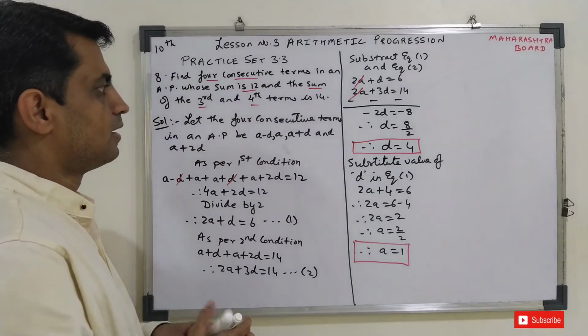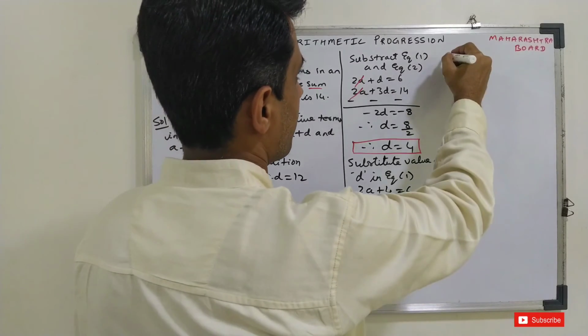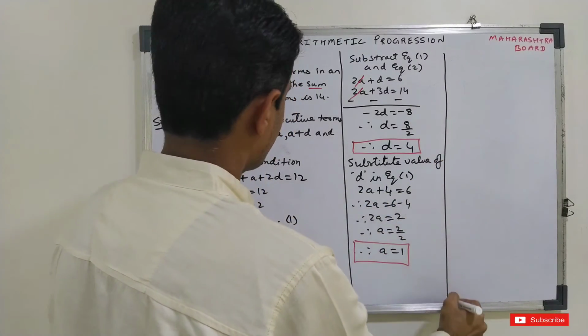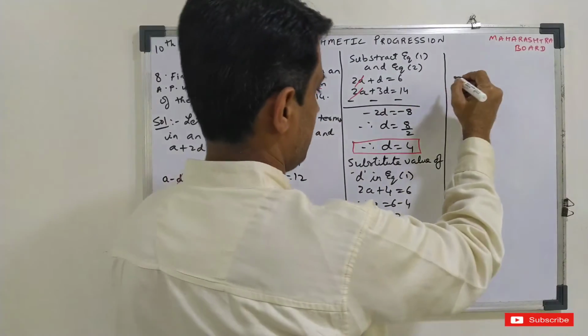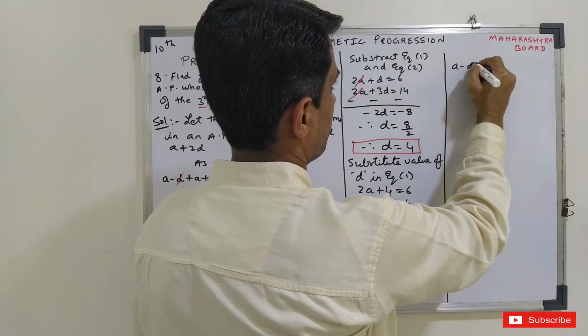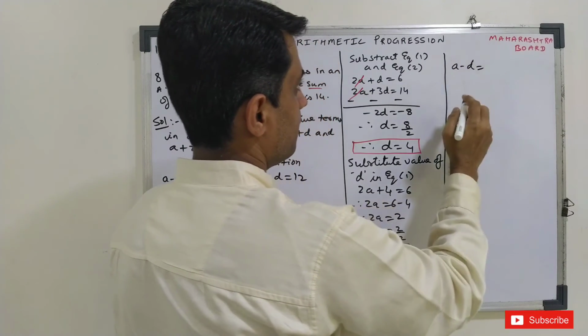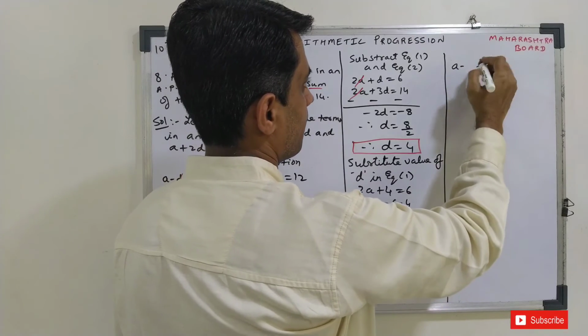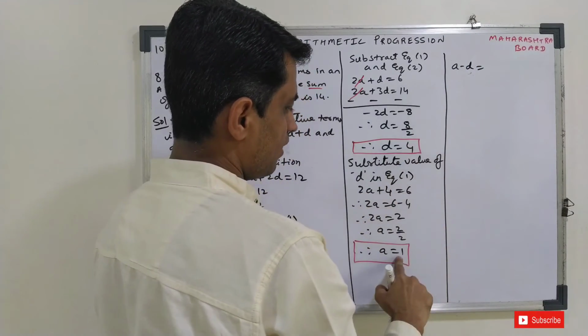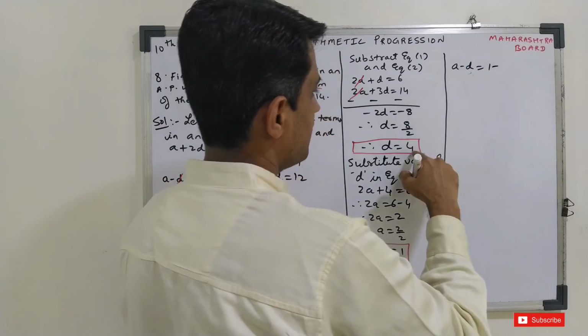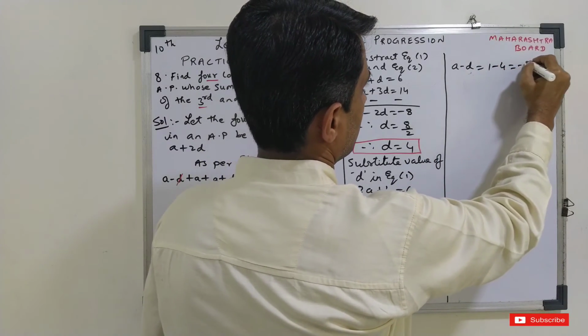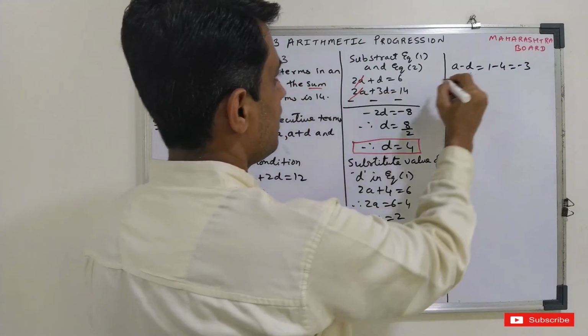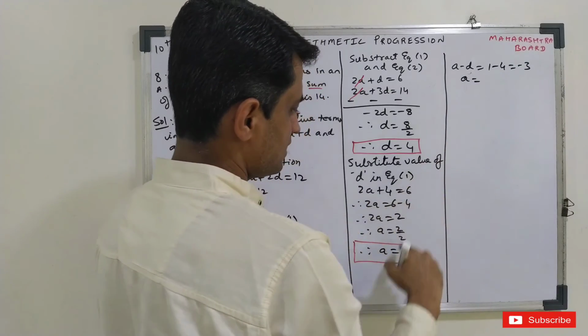After this, let us substitute here. First is A minus D. Means instead of A, what you write? 1 minus D means 4 minus 3. A we know what is our A? 1.